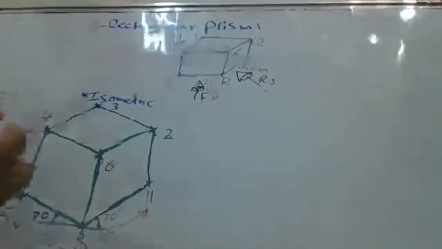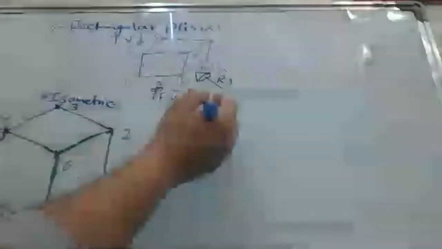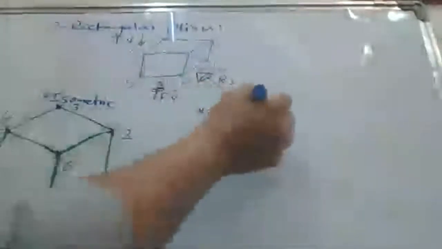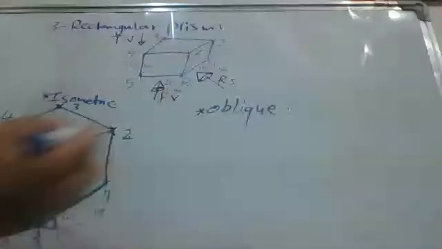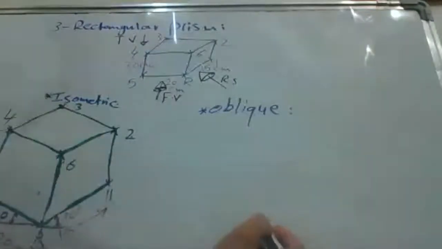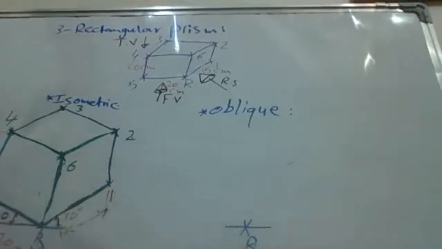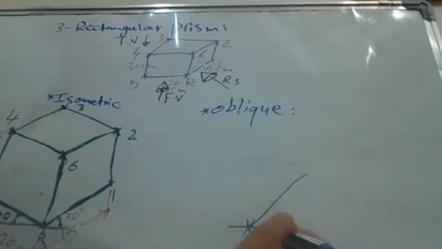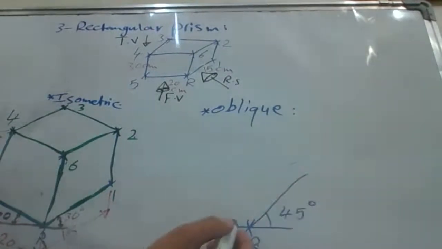Now for the other method, the oblique method, we follow the same technique as we did before for R. Here the angle is 45 degrees.